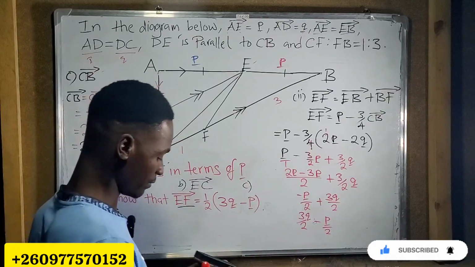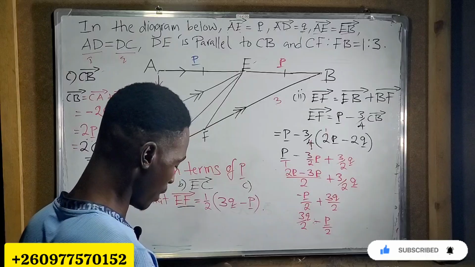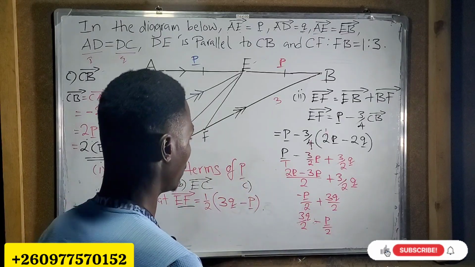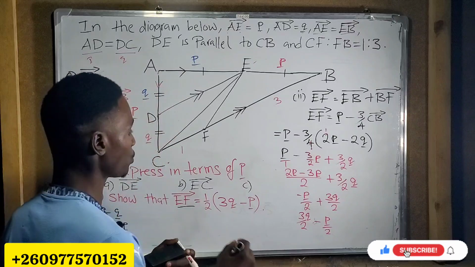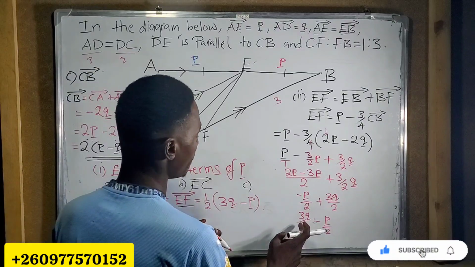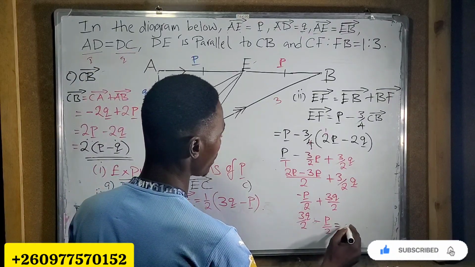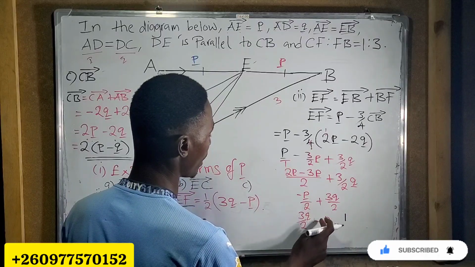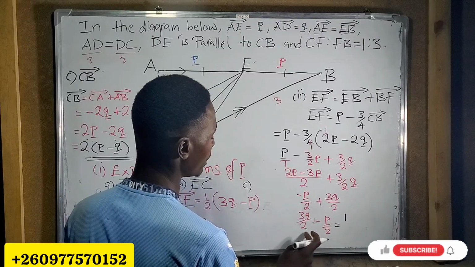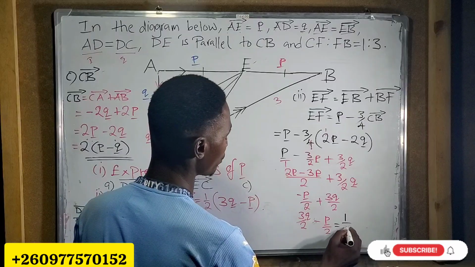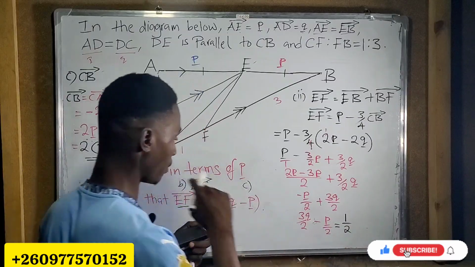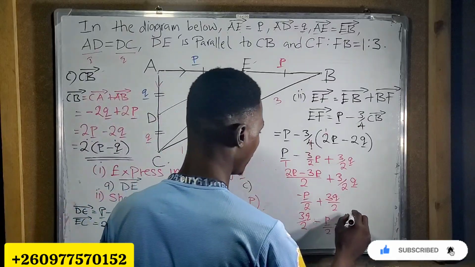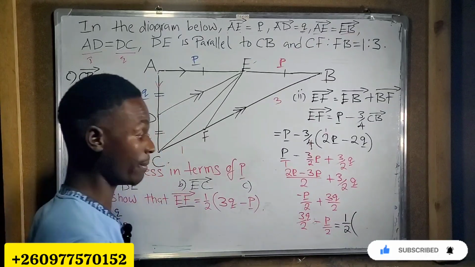We are almost done. The common factor here on top is 1. Then down here, the common factor is 2. So we have 1 over 2, factorized. So open bracket.